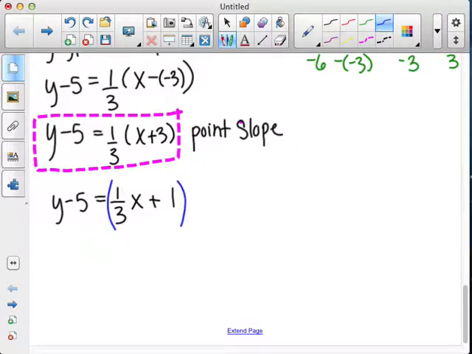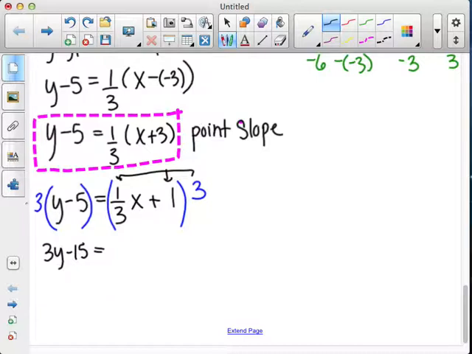So I'm going to multiply by my denominator on the left and the right, which is 3. That's going to give me 3y minus 15 equals, now distributing inside, 3 times 1/3, well the 3's cancel and you just get x, plus 3 times 1 is 3.